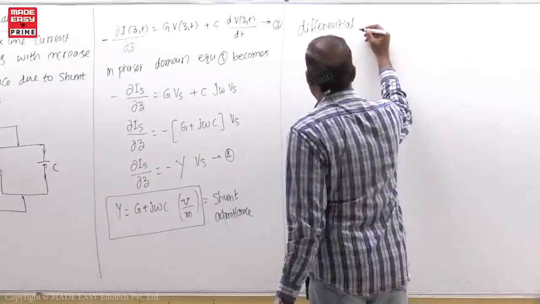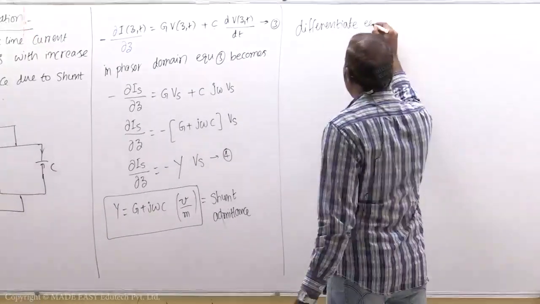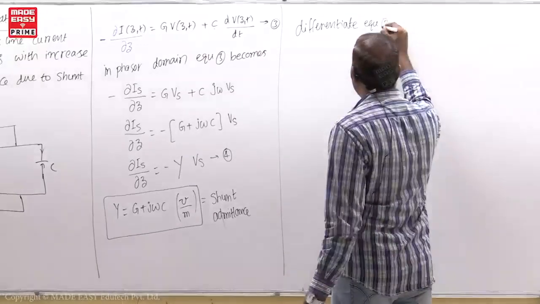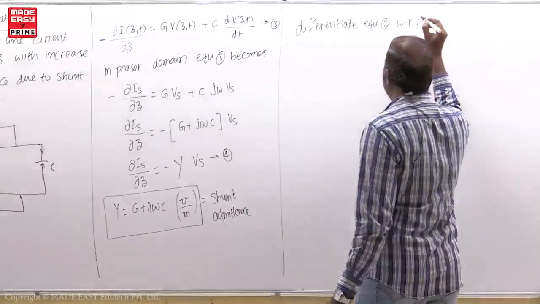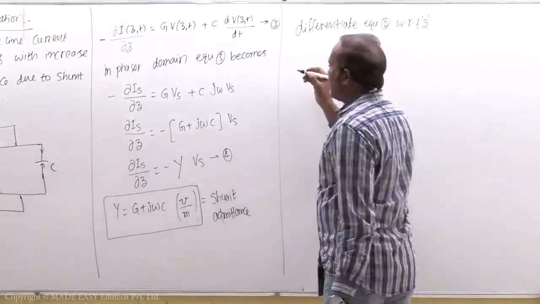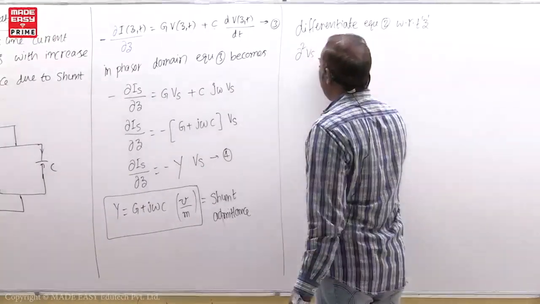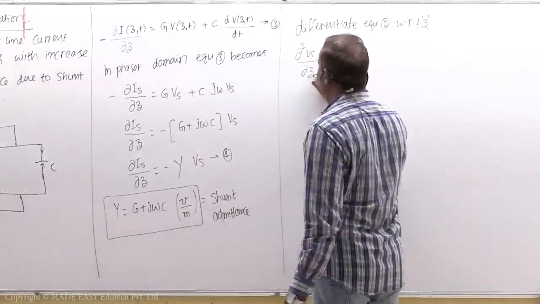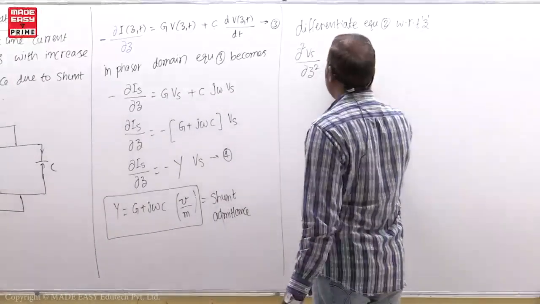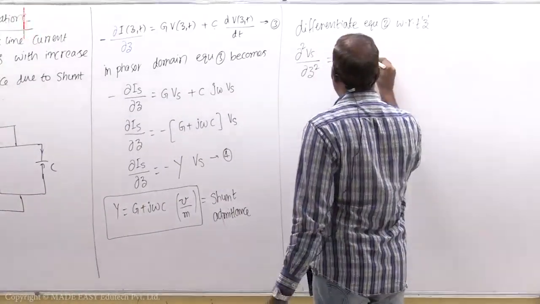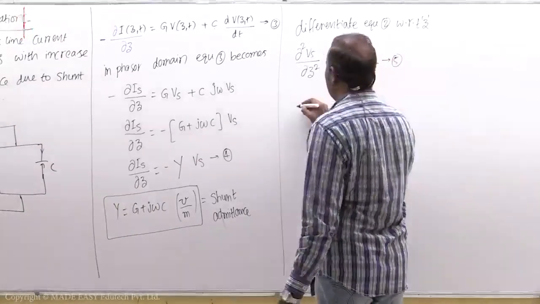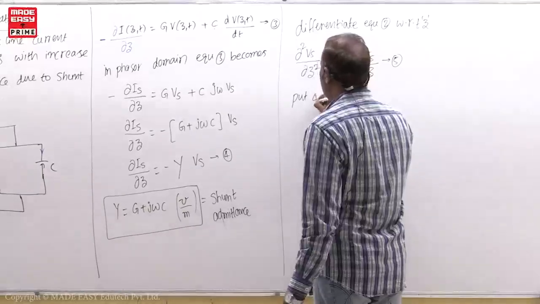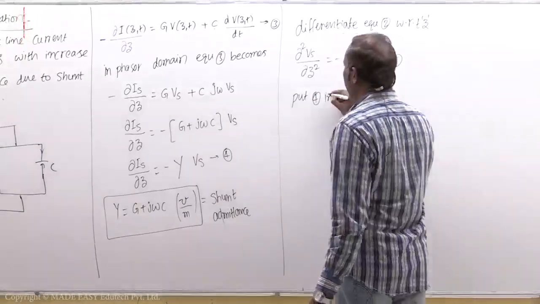So differentiate equation 2 with respect to z, then you get dou square Vs divided by dou z square is equal to minus z into dou Is by dou z. Let us say this is equation number 5. So put equation 4 in 5.